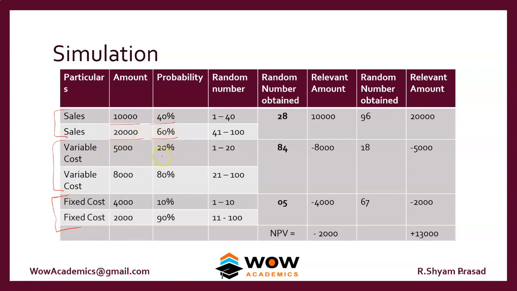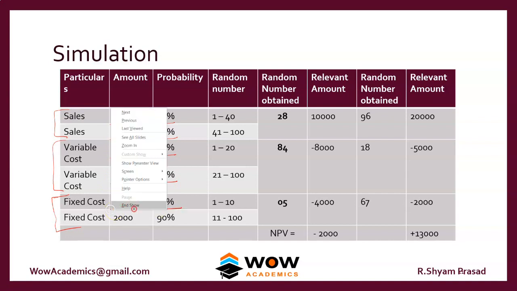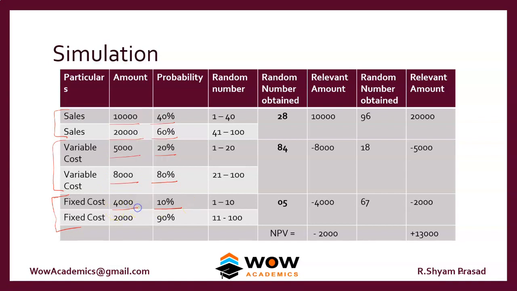Okay, and again 20% chance of a variable cost of 5,000 and 80% chance for variable cost to be 8,000 and a 10% chance for fixed cost to be 4,000 and a 90% chance for fixed cost to be 2,000. Okay, so we have these numbers.